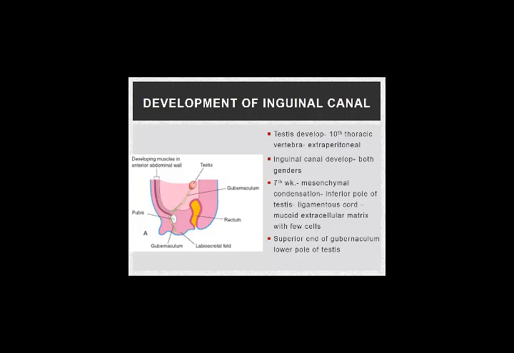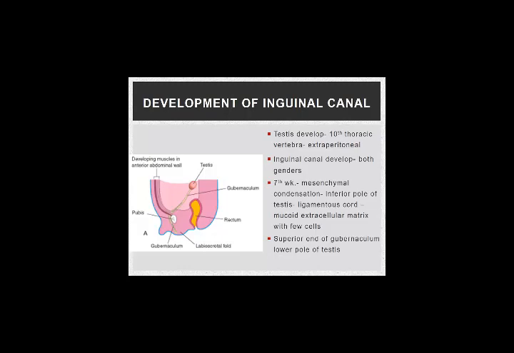Now the testis develops at the 10th week of development. 10th week of development पे ये जो 6th to 7th week पे शुरू हो जाता है 8th week पे hormone secrete होना शुरू हो जाते हैं.